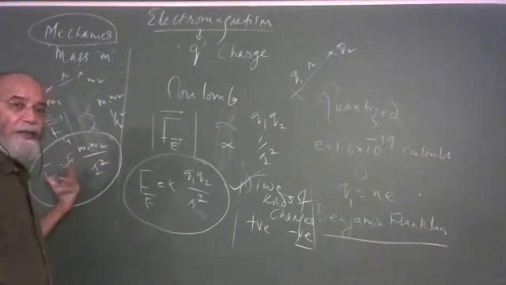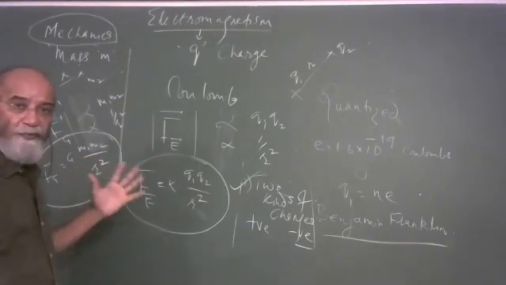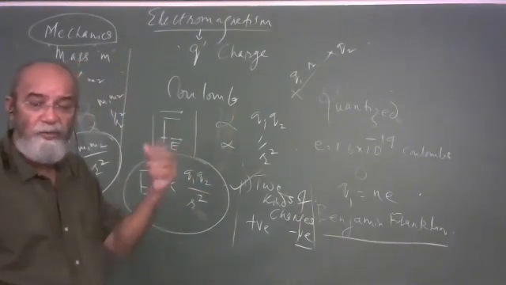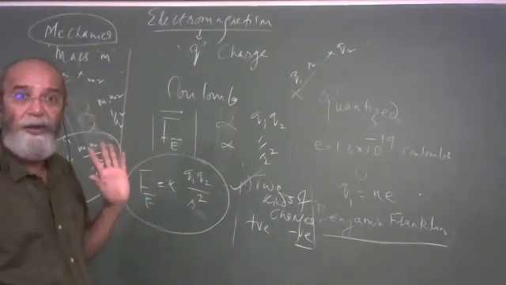That means to balance the left and the right, I got a factor G. We called it the universal constant, whatever. It took some value.